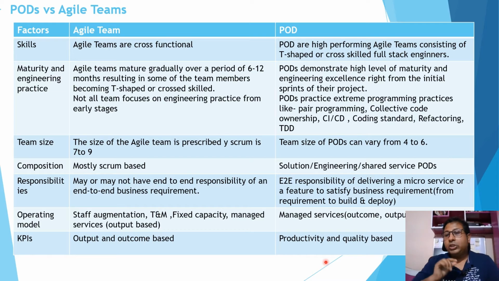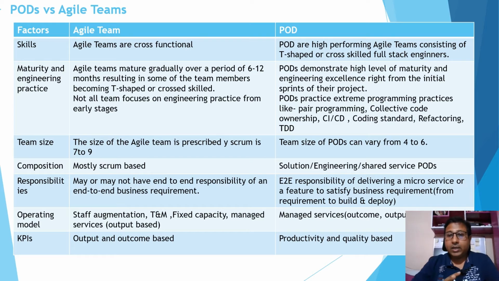And using all the best-in-class engineering practices and all the checks and balances, quality checks, pods are in a position to deliver with high productivity and as much accuracy as possible from a quality perspective. So these are a few key differences between pod and agile teams.